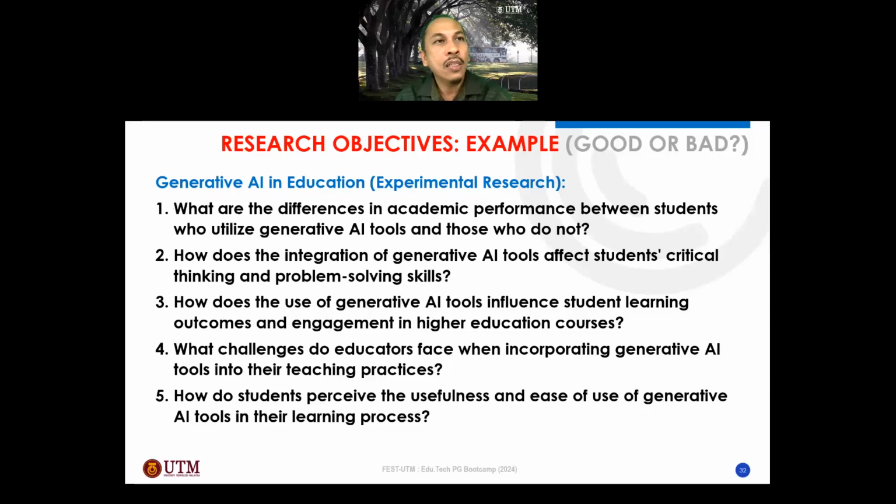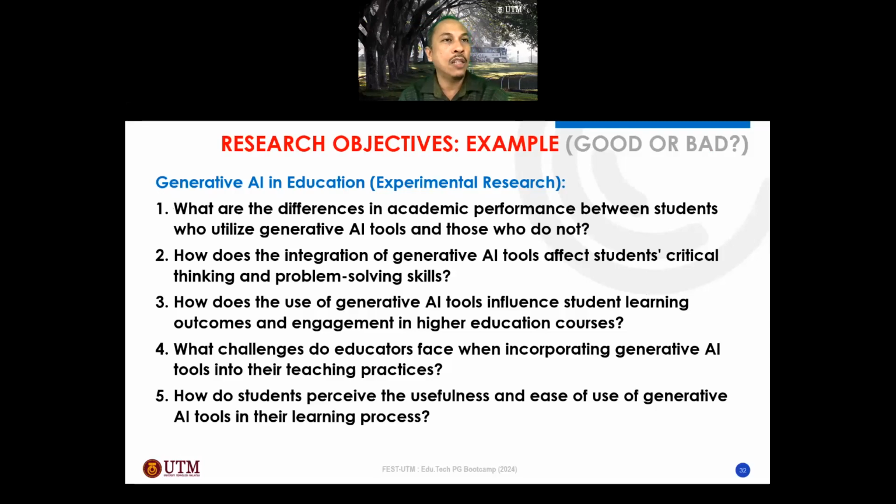What's the difference between a research objective and a research question? For a research objective, you use the action verb, for example, to analyze what are the differences, to evaluate how the integration of something like that. Okay, this is a research question.